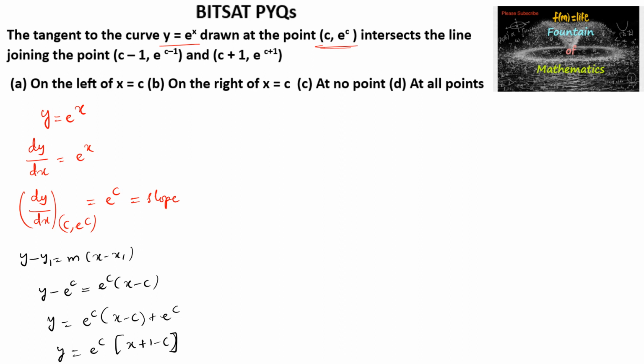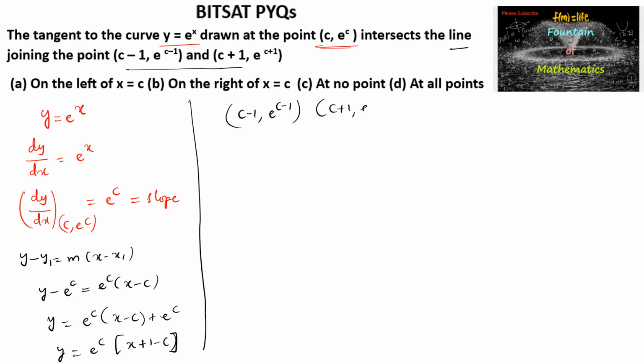That is y. And now let us consider the equation of the line joining the 2 points c minus 1 comma e to the power c minus 1 and c plus 1 comma e to the power c plus 1. So we get the equation of the line y minus y1 is equal to y2 minus y1 upon x2 minus x1 into x minus x1.